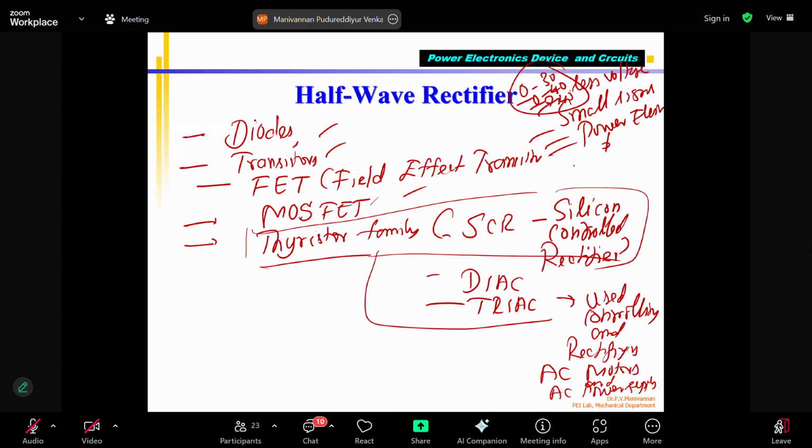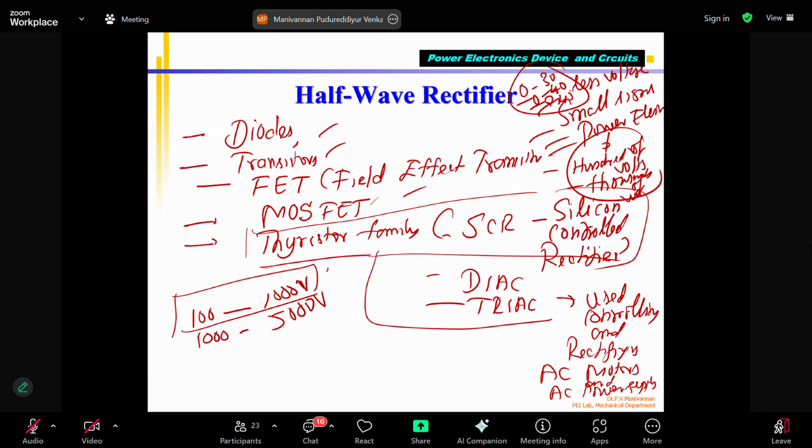Power amplifier means the voltage applied can be hundreds of volts, sometimes even thousands of volts. What does it mean? I can say 100 to 2000 volts, or it can be 100 to even 5000 volts. So this is what we call high voltage.